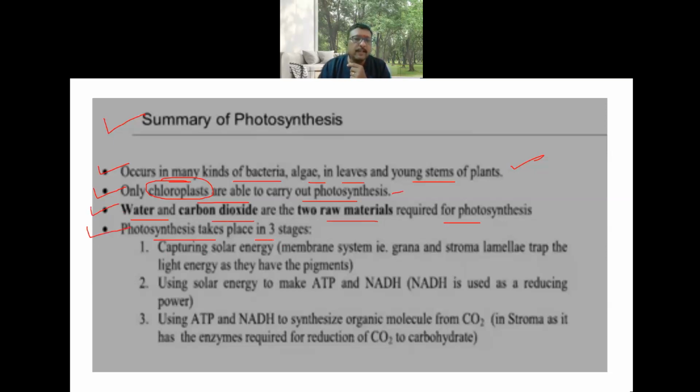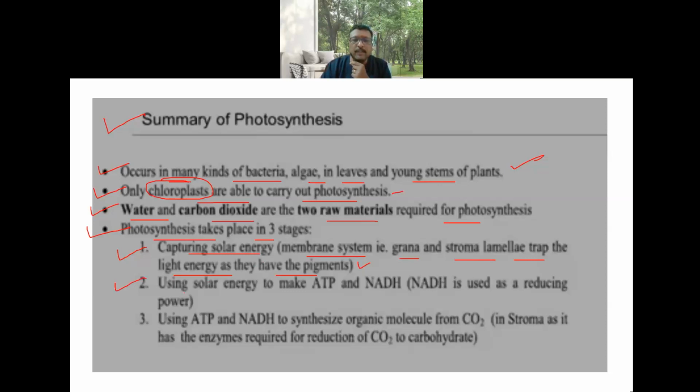Photosynthesis takes place in three stages. The first stage is the capturing of light energy, solar energy coming from sunlight. The membrane system, the grana and stroma lamellae, trap the light energy as they have pigments like chlorophyll, carotenoids, and phycobilin embedded inside them.